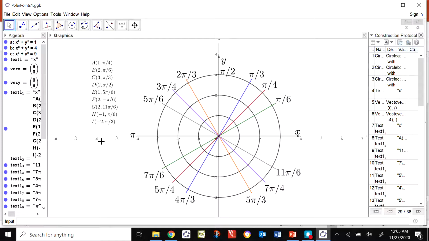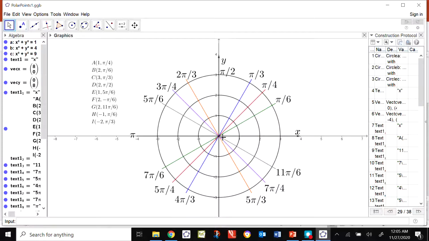Our intention is to plot a whole bunch of points, which are these A through I that I have listed here. So if I want to plot 1 and pi fourths, what should I do? Well, I should go to the radius of 1, right? Every point on that circle is at a distance of 1.